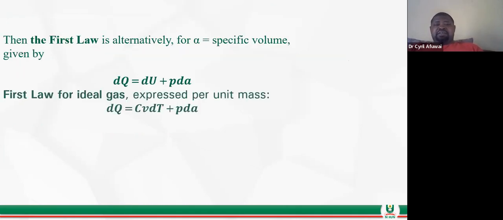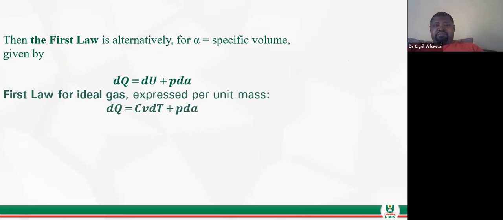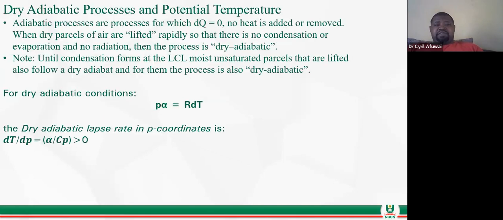Don't forget, alpha is specific volume. dT over dP equals alpha over C subscript P, and it's greater than 0.